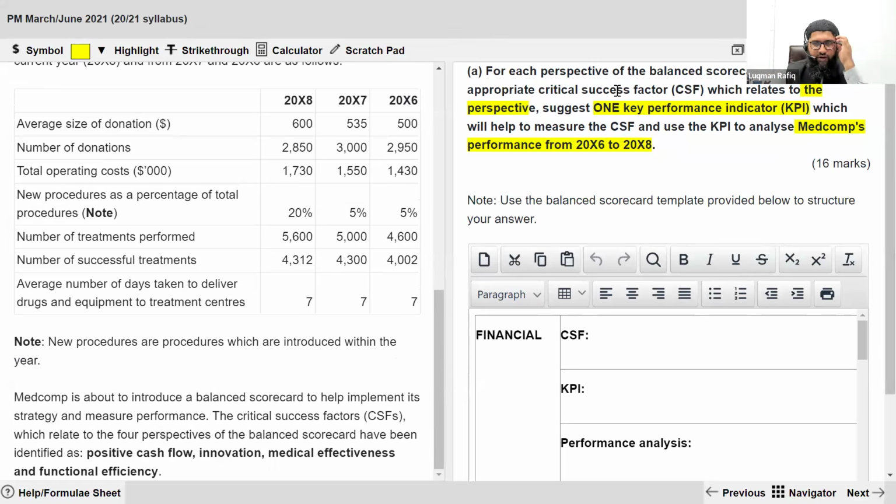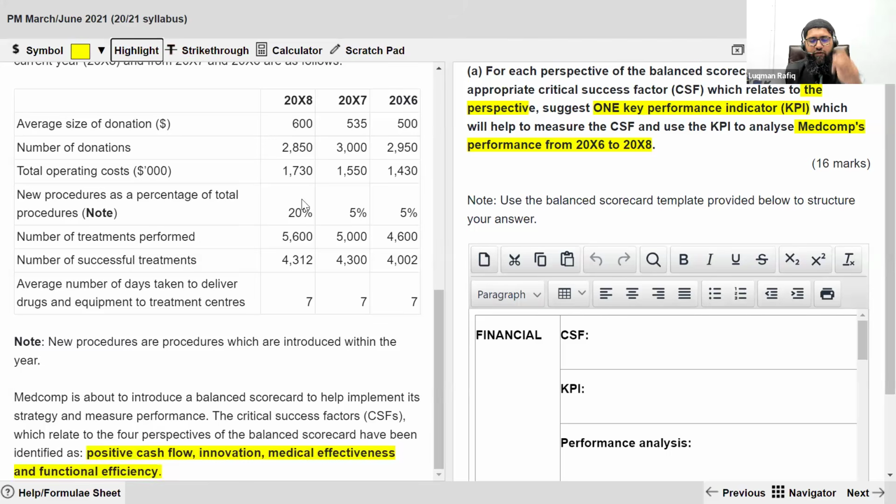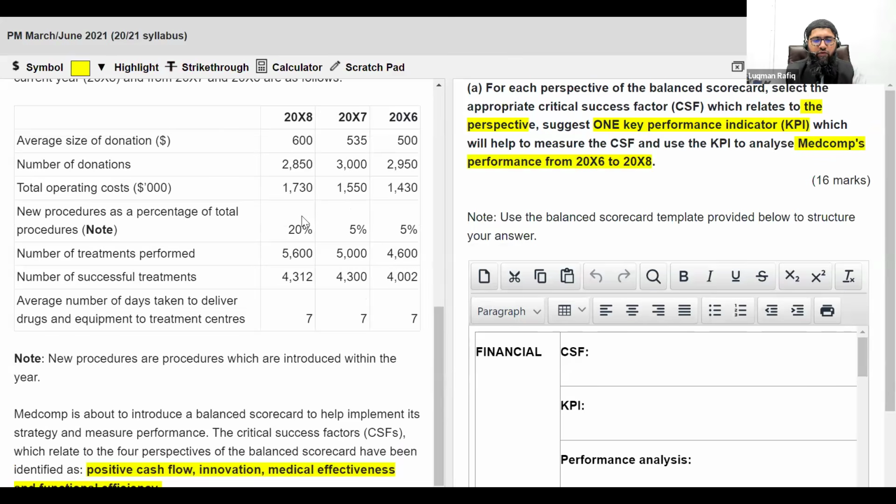It says for each of the perspectives, select the appropriate critical success factor. They've already given these critical success factors. You have to choose which one of them is going to be relevant for which of the perspectives.